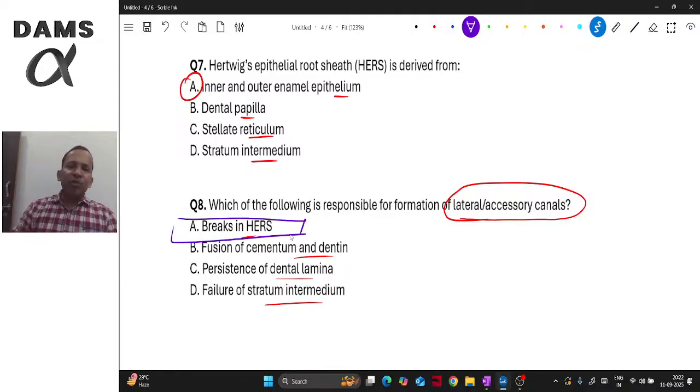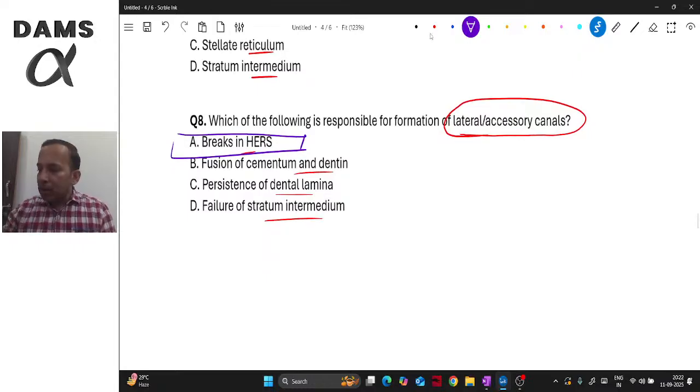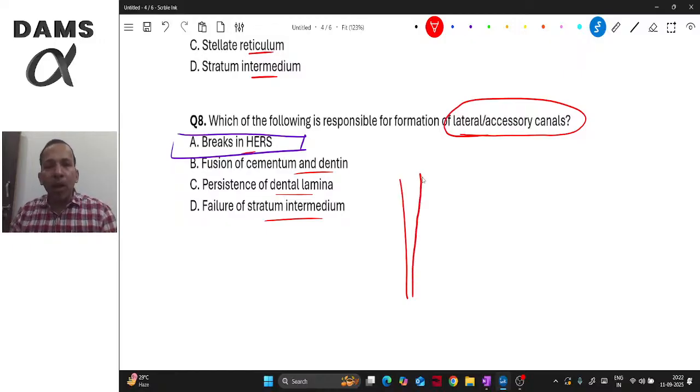So, can you tell me the difference between accessory and lateral canals? Let's say this is your normal pulp canal.